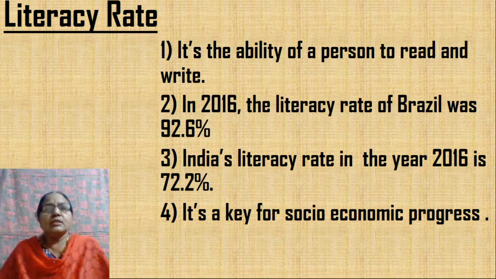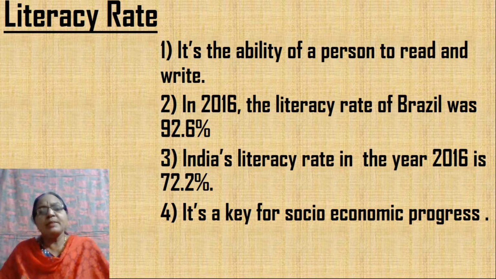The next important part that we are going to study under population composition is literacy rate. What is literacy rate? Literacy is the ability of a person to read and write. This is also a very important indicator of socio-economic progress of the country.